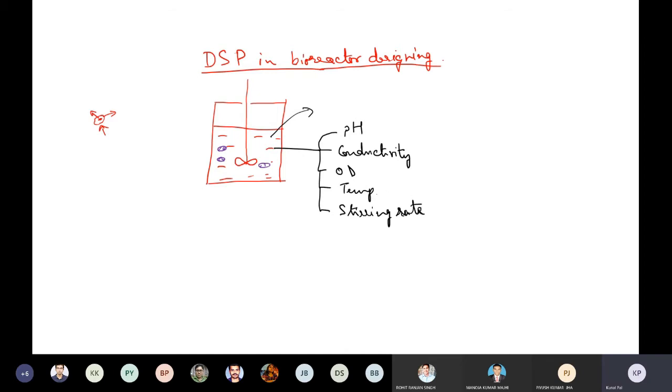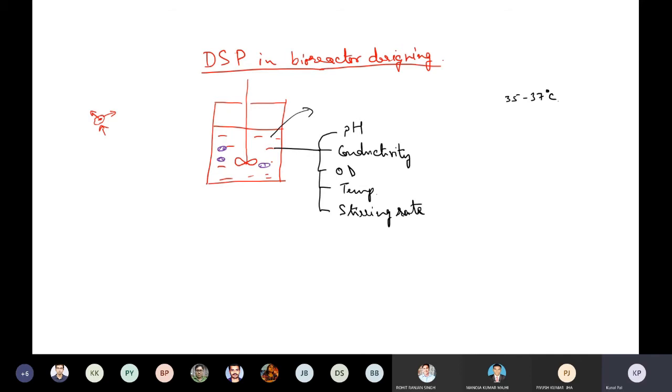Suppose for a particular microbe, the temperature should lie in between, say, 35 to 37 degrees centigrade. Now, who will maintain the temperature? Because when microbes are growing within the vessel, they will also radiate some infrared radiations, right?